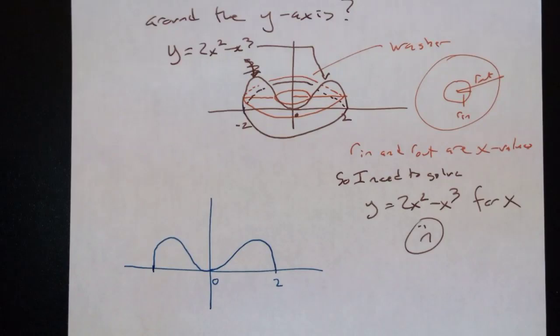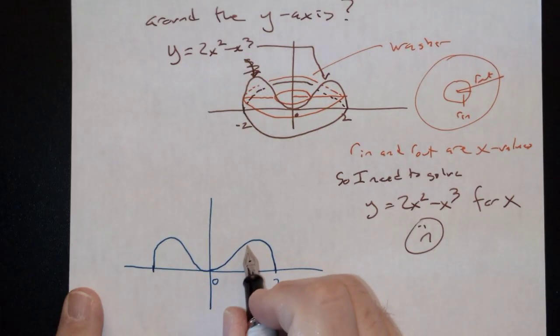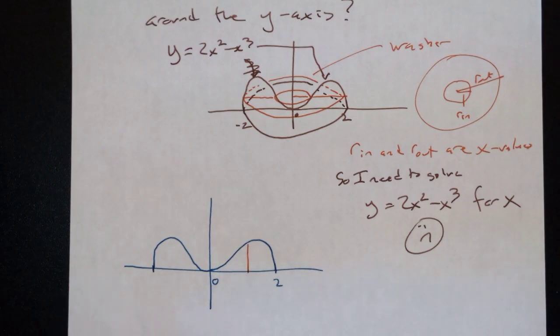Artistic, I am not. Same equation. What if I take that stick, that cut we made when we're going around the x-axis? What if I spin that around the y-axis?